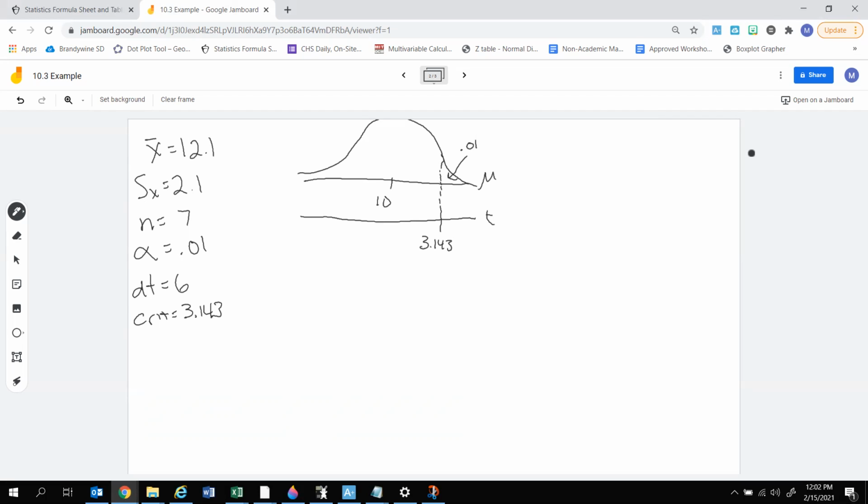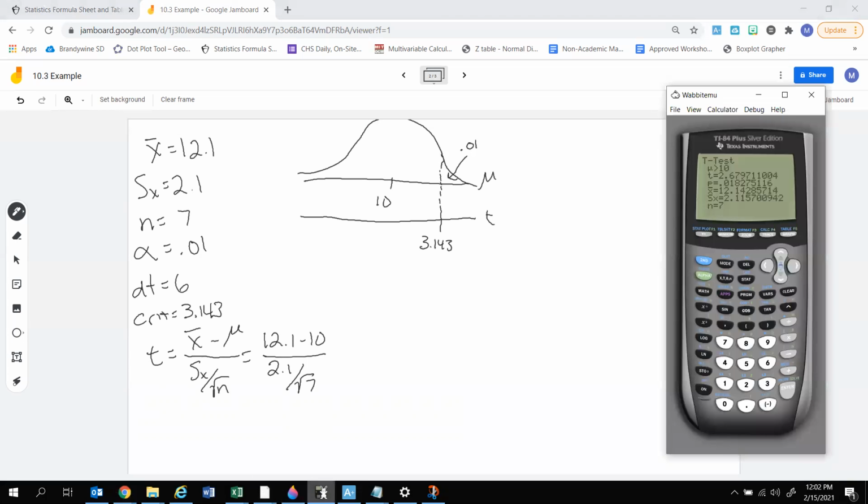Our t-score is the same idea as a z-score: the sample mean minus the population mean, divided by the standard deviation over the square root of the sample size. If I plug in my numbers, that's 12.1 minus 10 divided by 2.1 over the square root of 7.